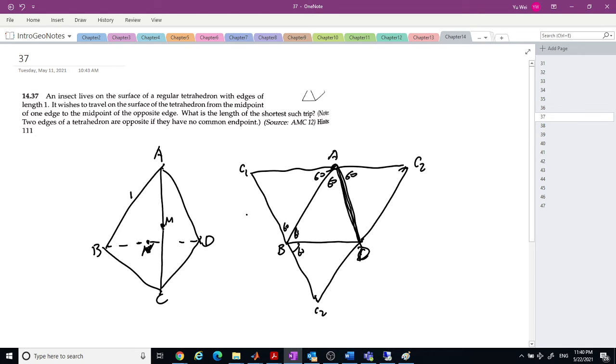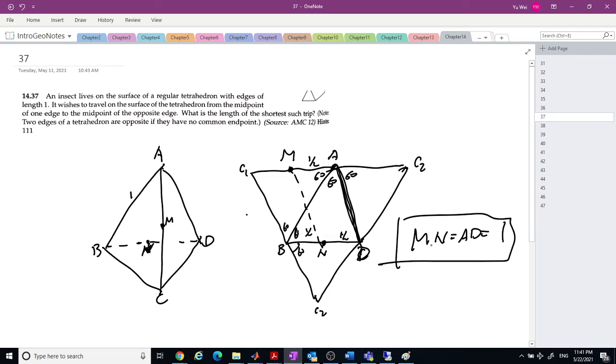Okay, so the end point after folding will be somewhere here, and the other end point is somewhere here, right? We know this is 1/2 and this is 1/2 by symmetry. This is 1/2, right? You know this is a parallelogram here. So that's why MN is equal to AD, which is equal to 1.